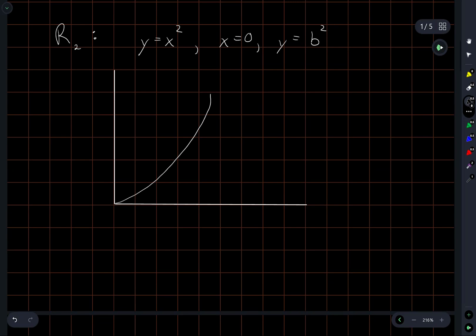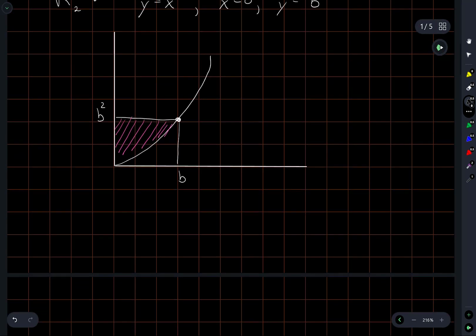There's the parabola again, and this is the curve x equals 0, the y-axis itself. And then for some value of b, if that's b, then this is b squared. And so this now is the region that we're interested in.